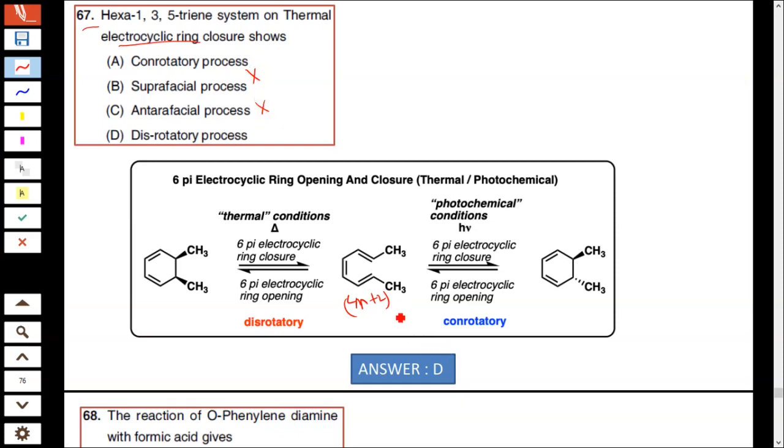For a 4n plus 2 system, thermal condition is disrotatory, and photochemical is conrotatory. They are asking for thermal electrocyclic ring closure, so it occurs disrotatory. Hence, option D is correct. For photochemical reaction, it is conrotatory.